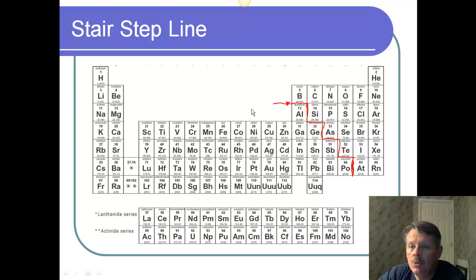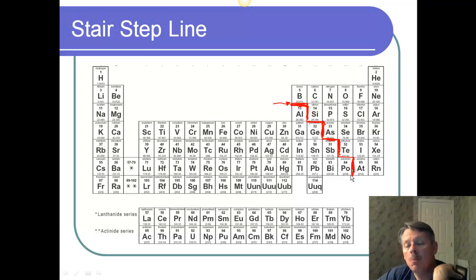You need to know where this line is. You need to be able to find this line on your periodic table. On the one I give you in my class, there is a line there. If you're using a different periodic table, make sure that you mark that line in somehow dark so that you can see it.